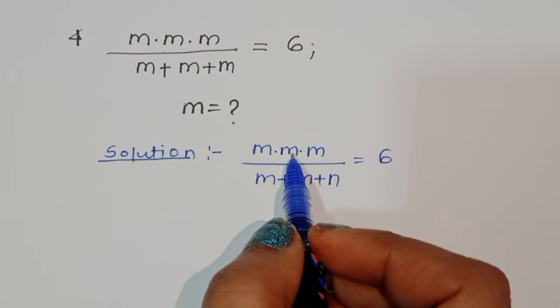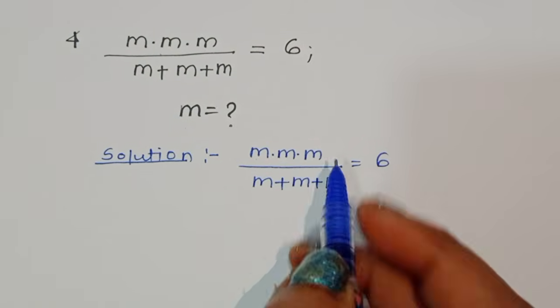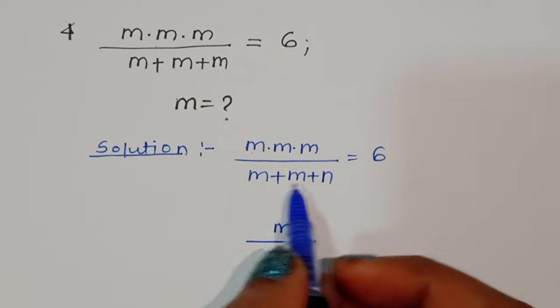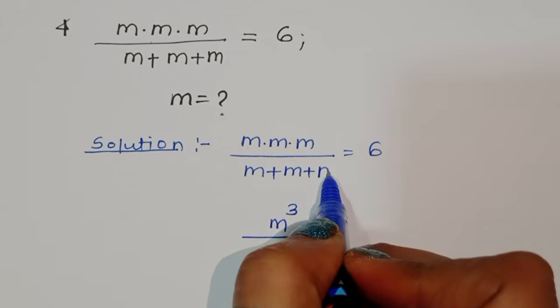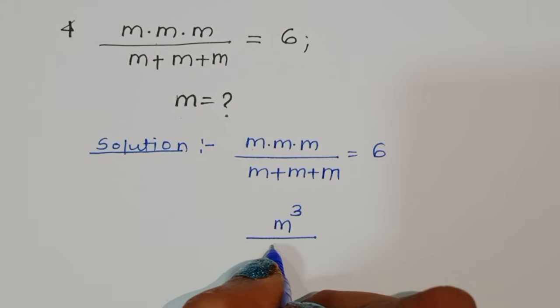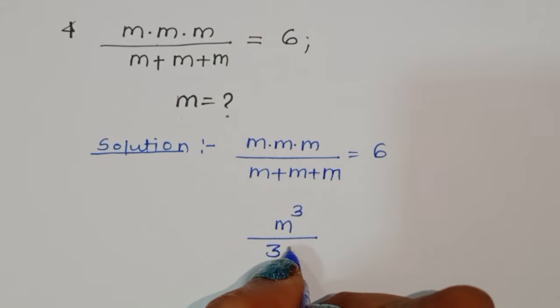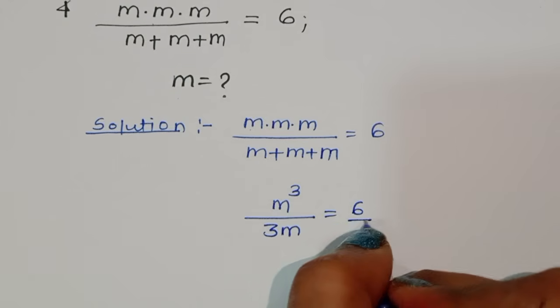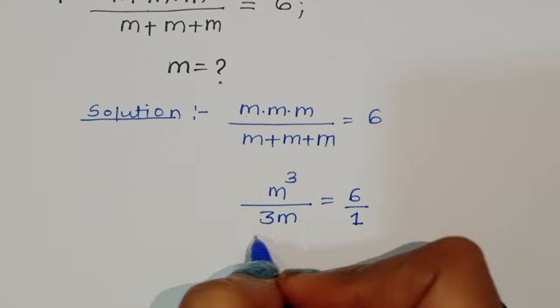m times m is m square, times m is m cube. So it becomes m cube divided by m plus m, which is 3m, equal to 6. Now we can do cross multiplication.